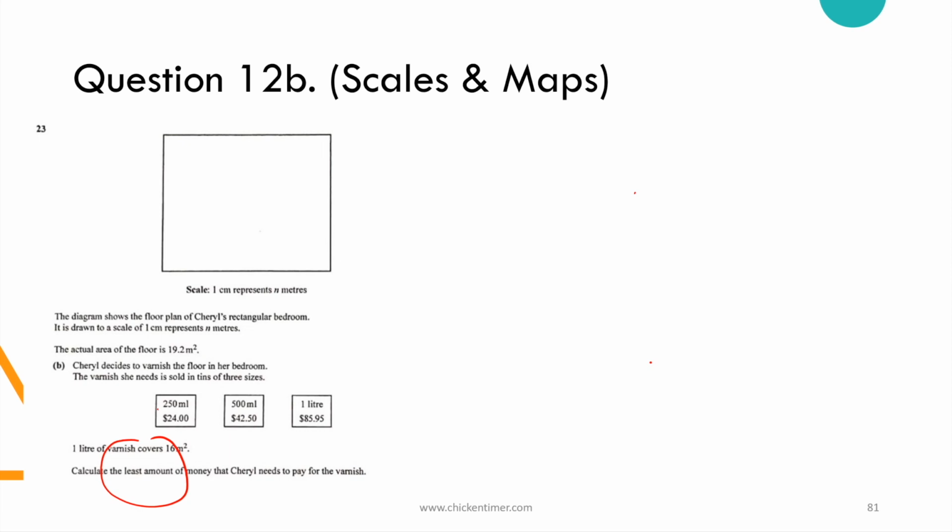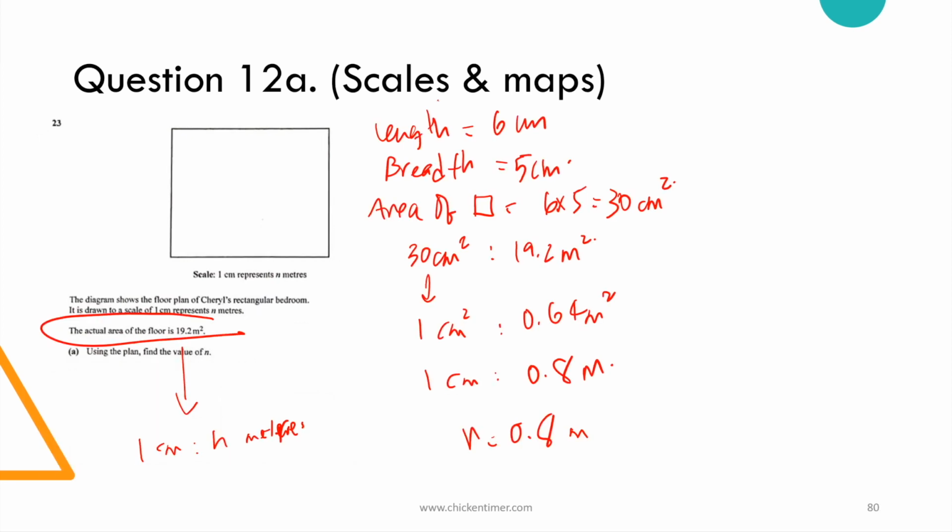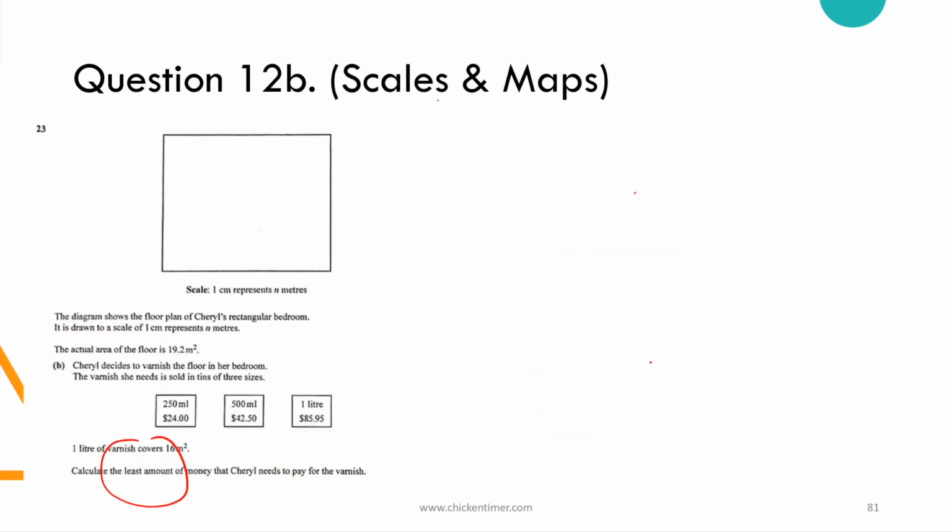And we know that 1 liter of varnish covers 16 square meters. So we need to calculate how many liters she needs. Number of liters equals 19.2 divided by 16, so she needs 1.2 liters of varnish.